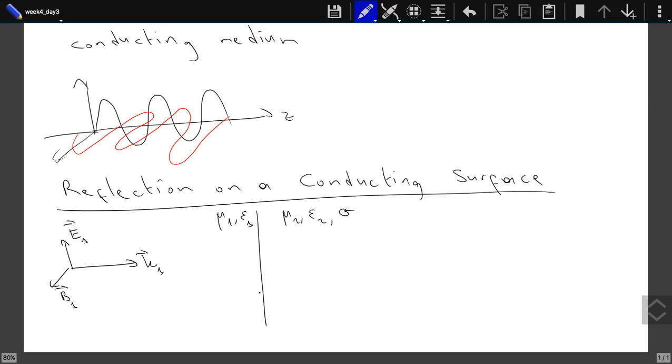Some of it will be reflected, E1 prime, B1 prime. And some of it will be transmitted.